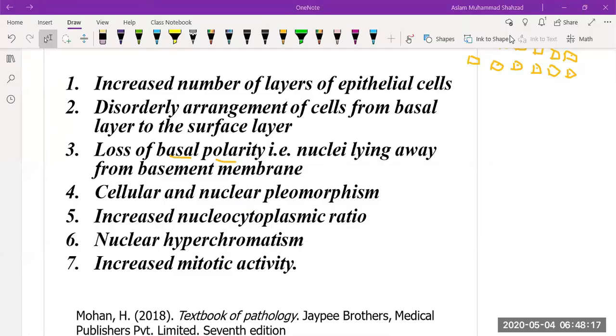Then the next point is cellular and nuclear pleomorphism. What is meant by pleomorphism? Pleomorphism is a change in the structure and size of the cells.